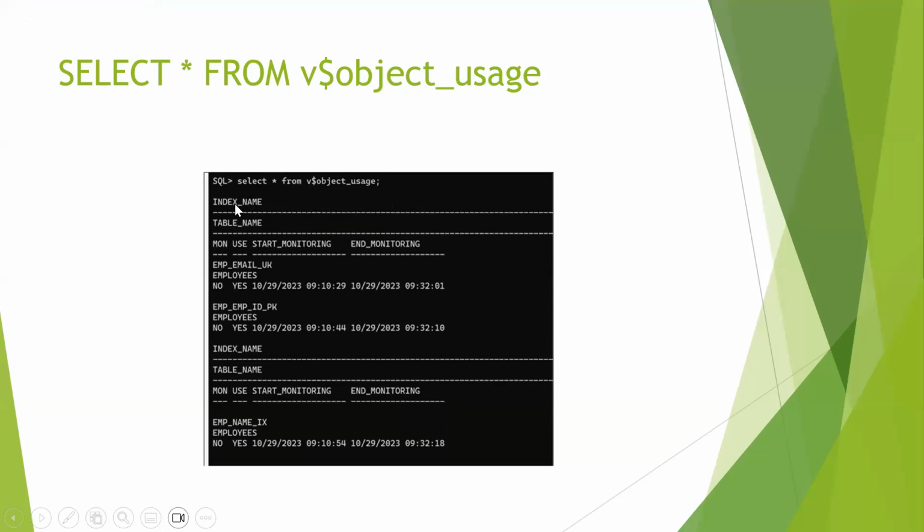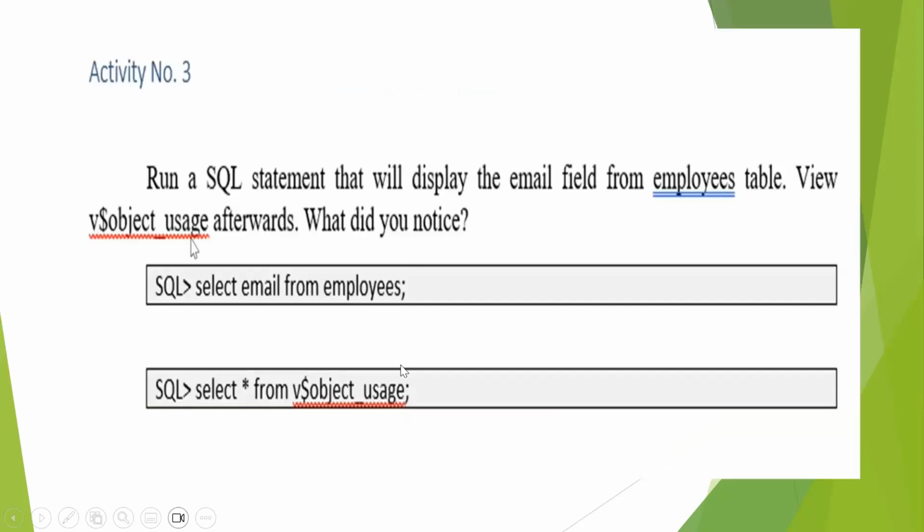We write this query and it shows us the index name, the table name, monitoring usage, and the used column, because we did not turn on the monitoring usage of this. Maybe this information is different on your system from mine, because it depends on what time you're creating your indexes. So this shows all the information and the statistics related to the index. We write it. Now the next activity, which is activity number 3.